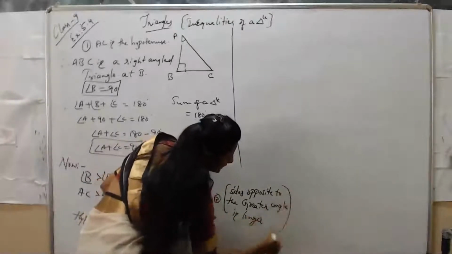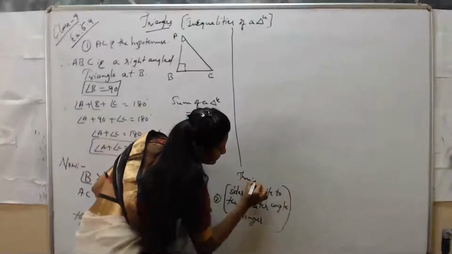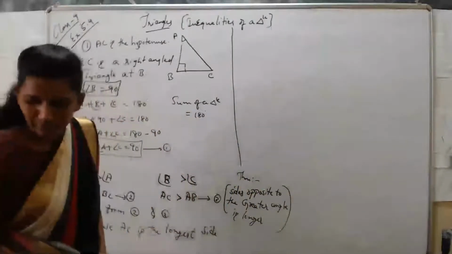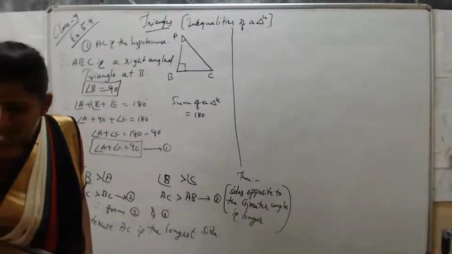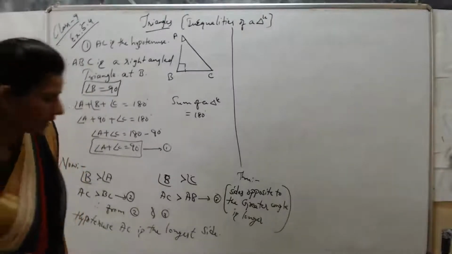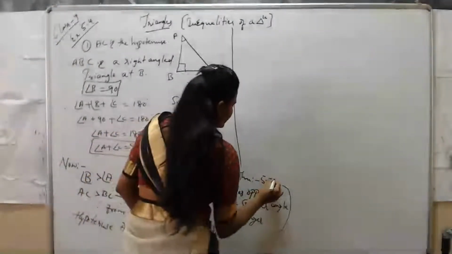How we wrote this is from theorem 5.7, sides opposite to the greater angles are longer. Theorem 5.7.